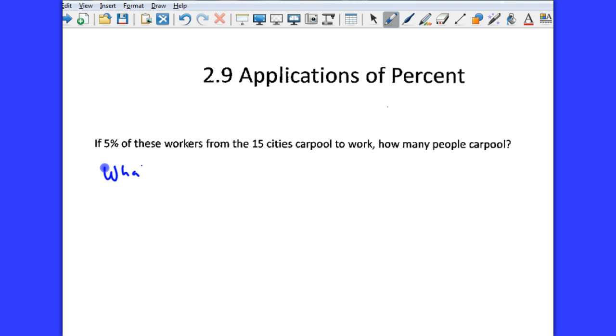What is 5% of 130 million? All right, and then here's an equation to solve the same problem. Do you see it? What is x? So x would be how many people carpool, right? That's what you're trying to find.